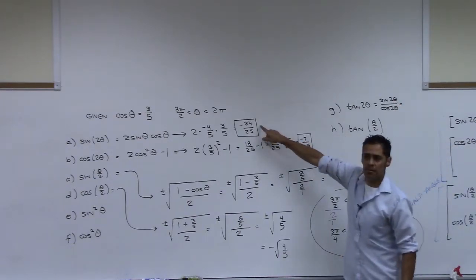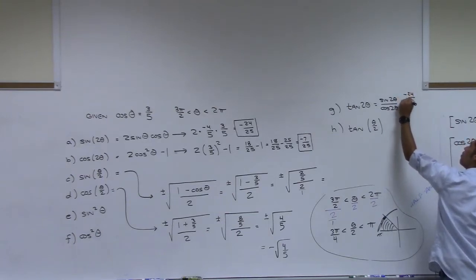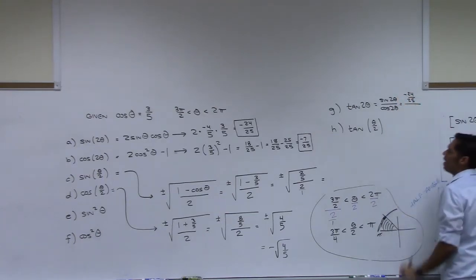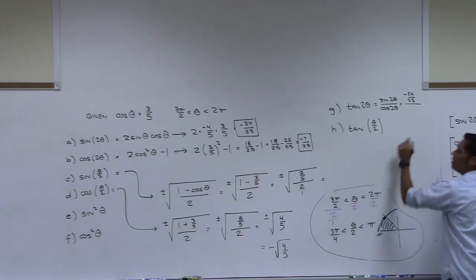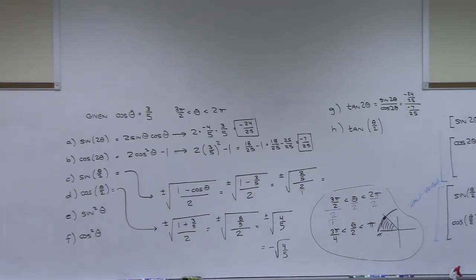It was negative 24 over 25, over, now cosine of 2 theta was negative 7 over 25. And what would happen if I did my flip and reciprocate there? The 25s would cancel, the negatives would go away, you get a positive. And what would you have? 24/7?